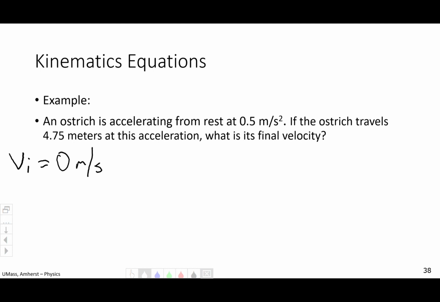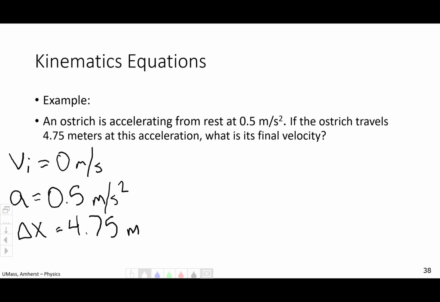That's what rest means. At an acceleration of 0.5 meters per second squared. And we are traveling a displacement of 4.75 meters. We are asked to find the final velocity Vf.